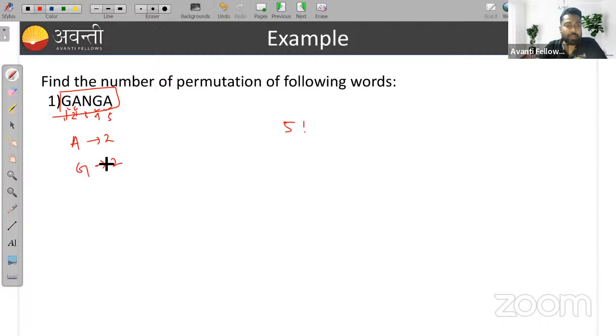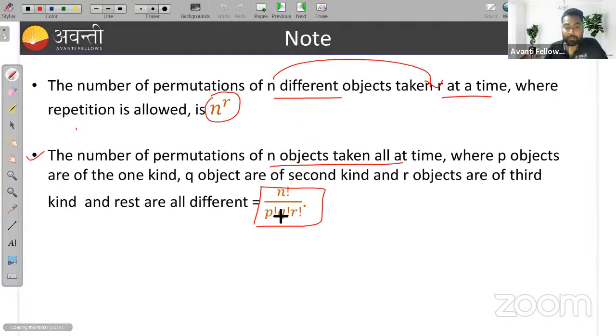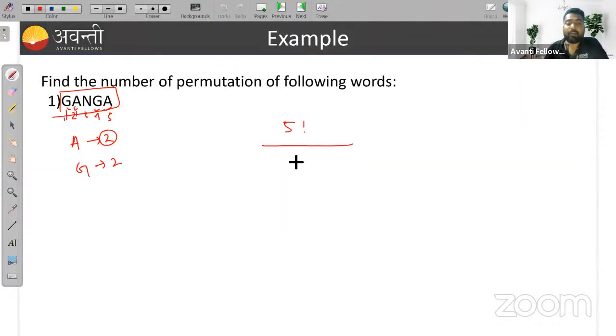So that means the answer will be total number of arrangements, that is 5 factorial upon, what is the formula saying? P factorial, if p objects are of one kind, q objects of second kind, r objects of third kind. Here we have A present twice in the word Ganga, that is 2 factorial, into G also present in Ganga twice, that is 2 factorial.